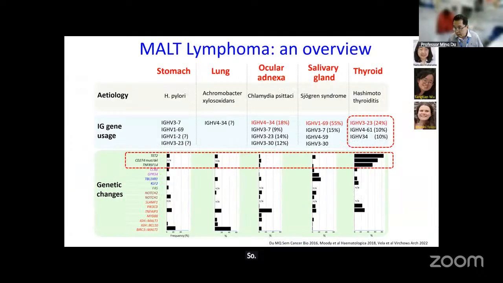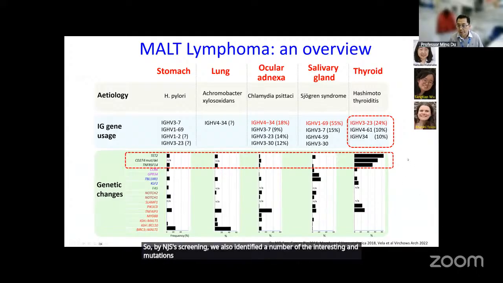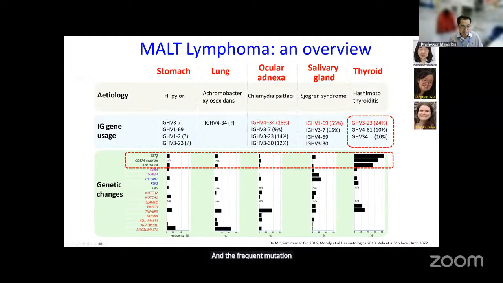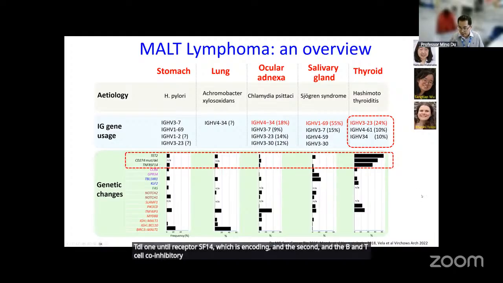By NGS screening, we also identified a number of interesting mutations in thyroid multiple lymphoma. We identified concurrent and frequent mutations involving TET2 and CD274, including PDL1, and TNF receptor SF14, which encode the second B and T cell co-inhibitory surface ligand.